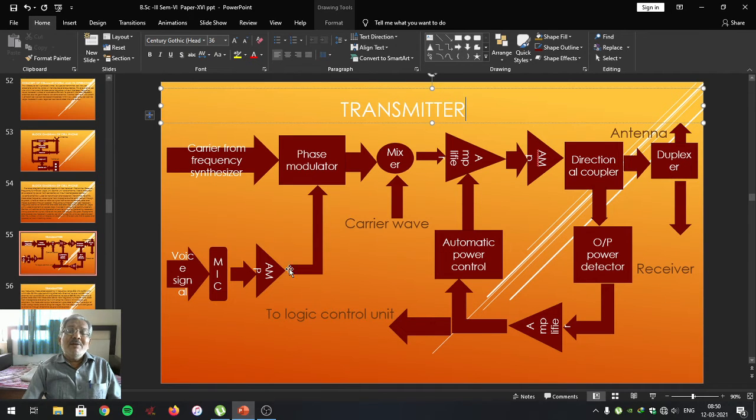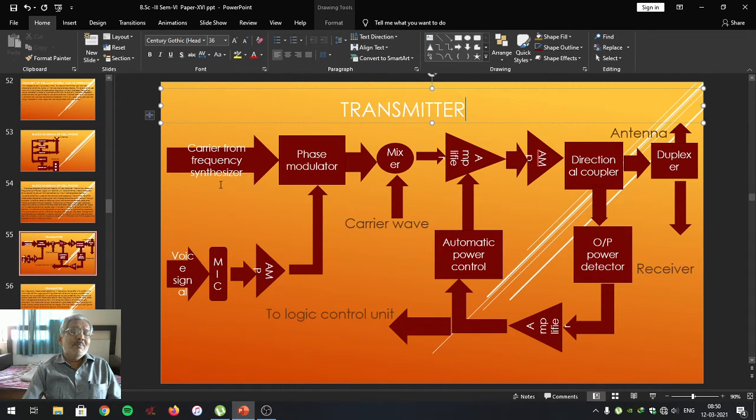It is amplified by the amplifier. And here the amplified voice signal in the form of electrical voltage is given to the modulator. For the modulation purpose, another signal is necessary, and that is given in the form of carrier wave or carrier frequency from the frequency synthesizer.